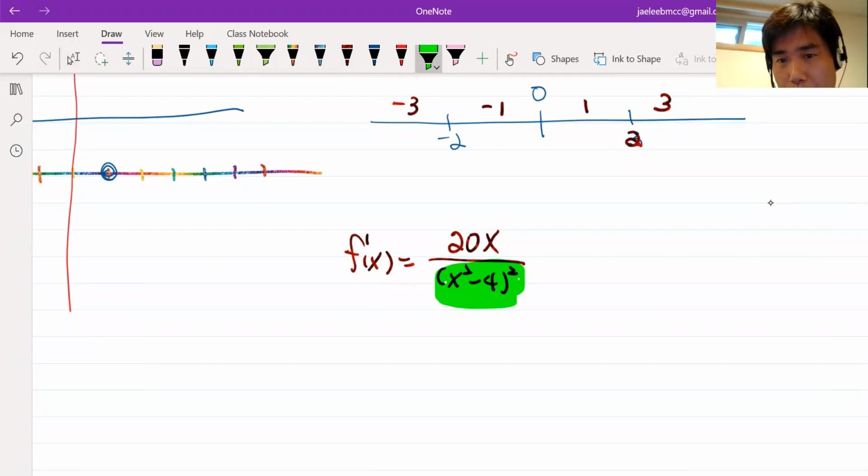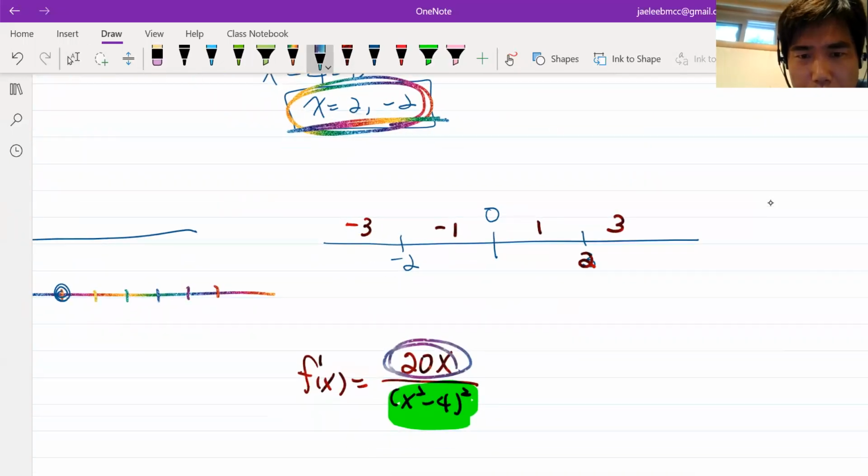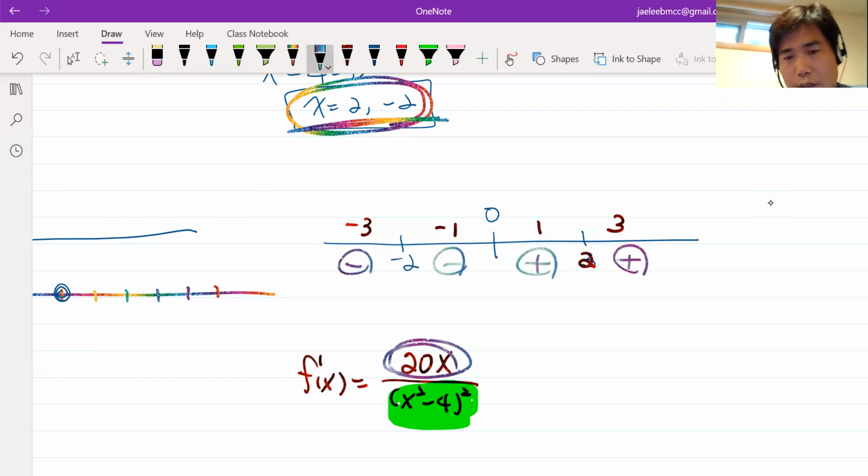Because we square, which means if we only evaluate the numerator factor, then you can find whether it becomes increasing or decreasing. So -3, I can see this is decreasing because 20 times -3 becomes -60, so decreasing. -1 also decreasing. 1 increasing, 3 increasing. Good?